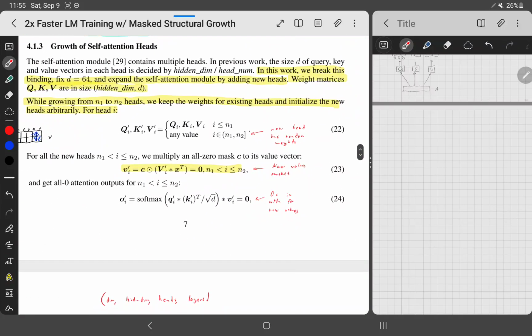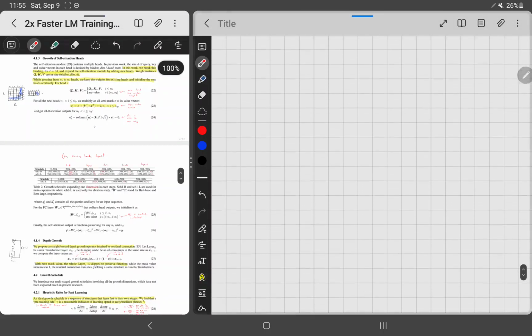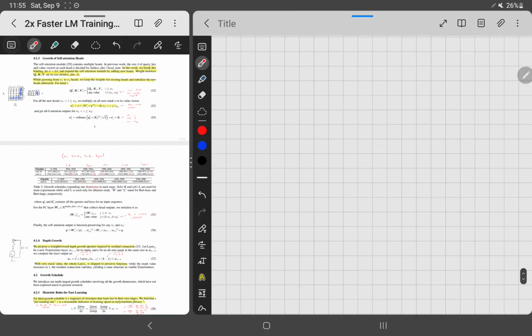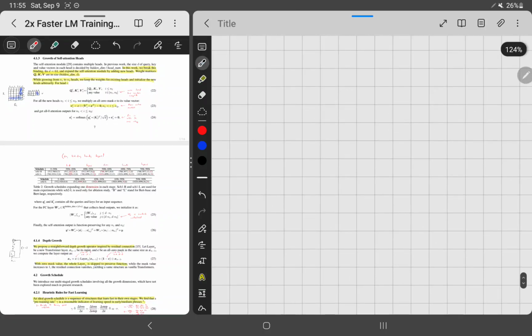Now, how do you grow self-attention heads? So this requires masking as well. And I've done a little bit with masking in attention. It's a little annoying. But to do this, say you have these queries, you have these keys, and you have these values here.